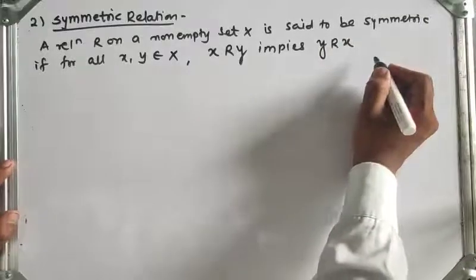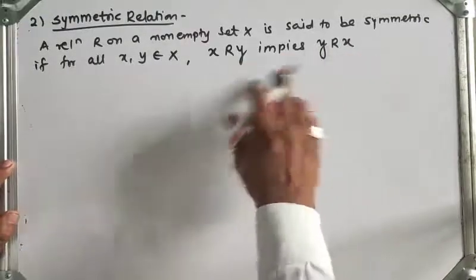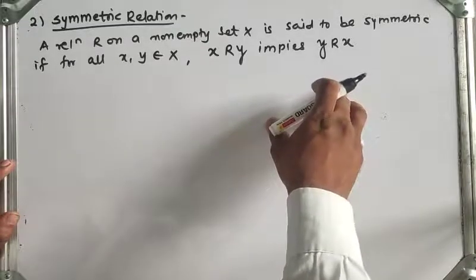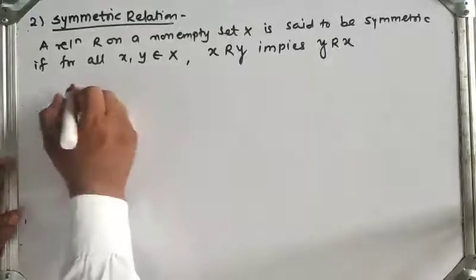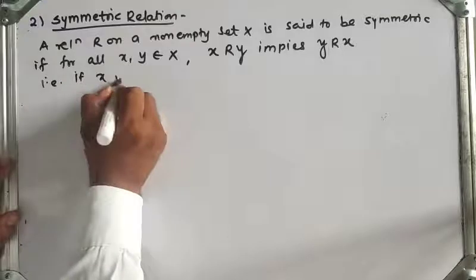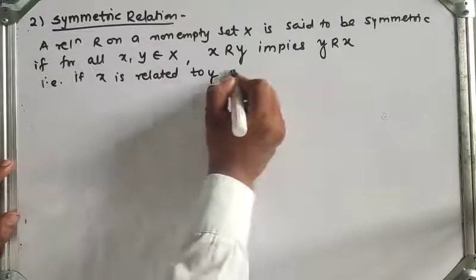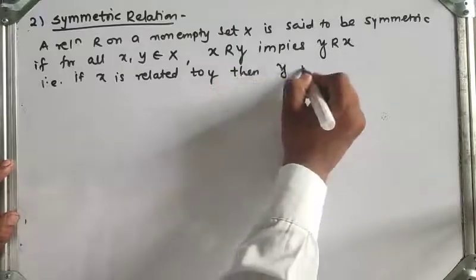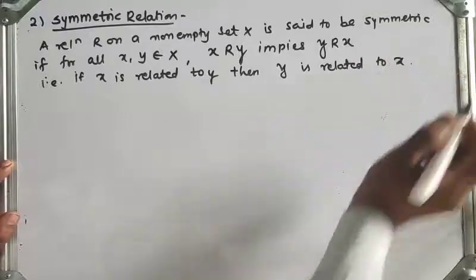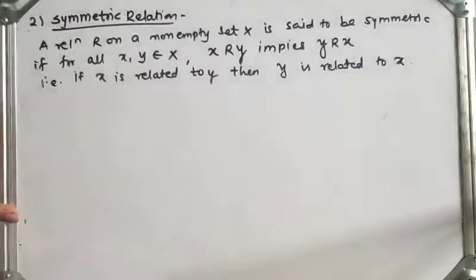That is, if x is related to y, then y is related to x. If this condition is satisfied, then we say that the relation R is symmetric.